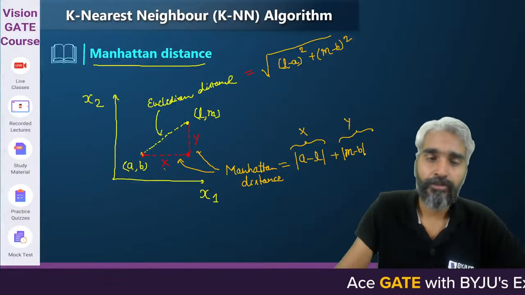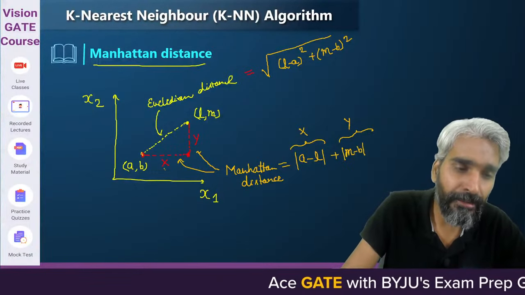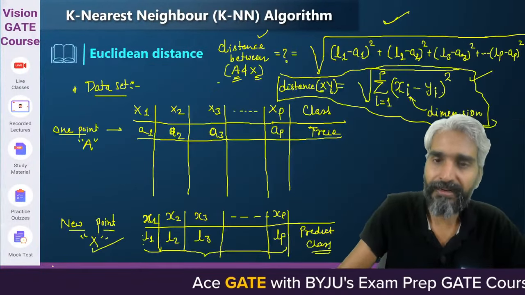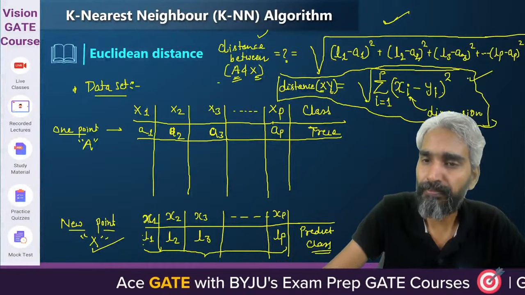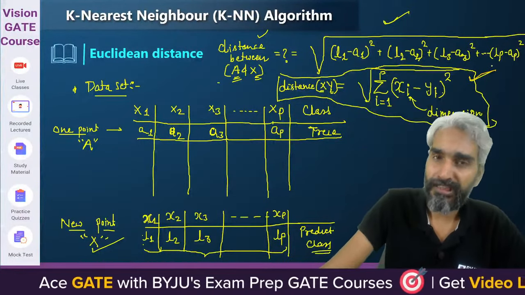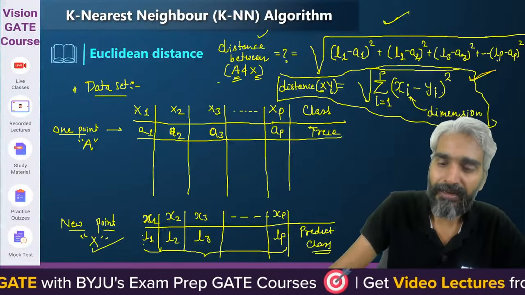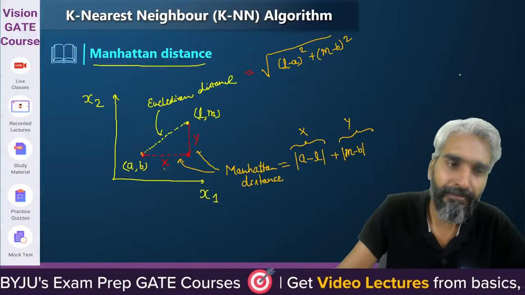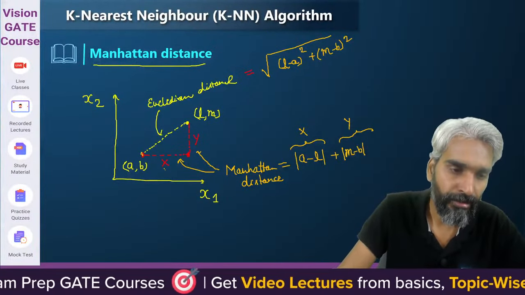Clear? So in p-dimensional plane, we have defined the distance with respect to Euclidean distance. Let me define the distance in p dimensions for Manhattan.